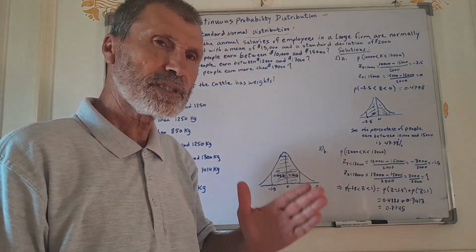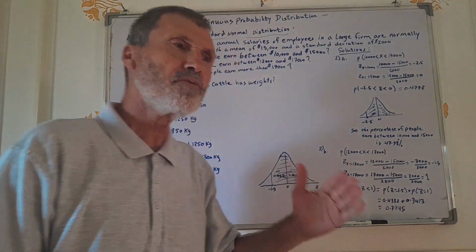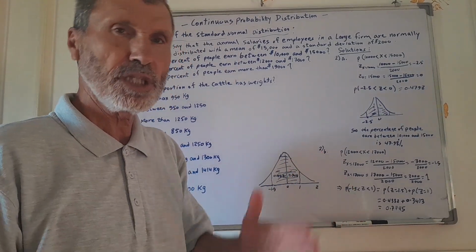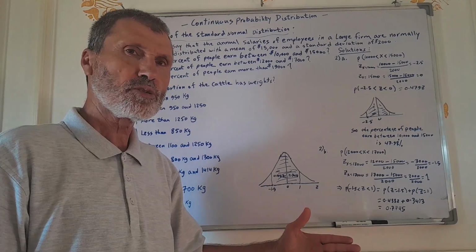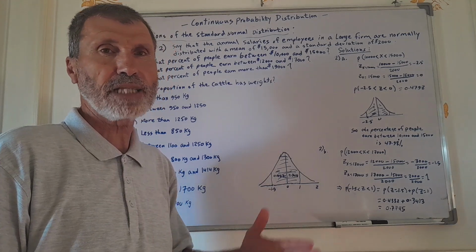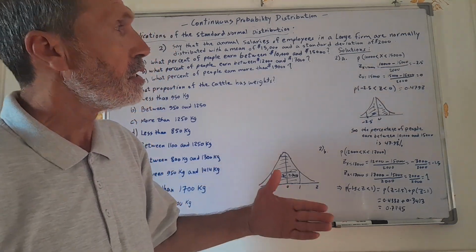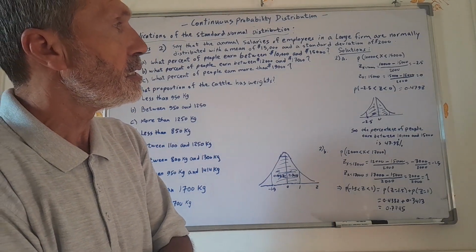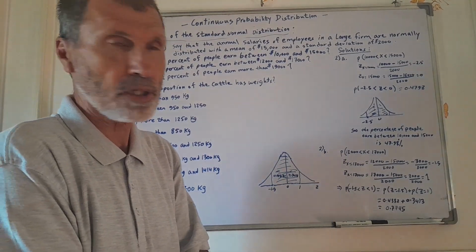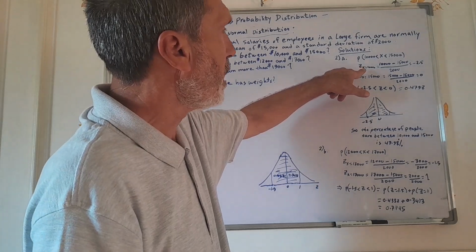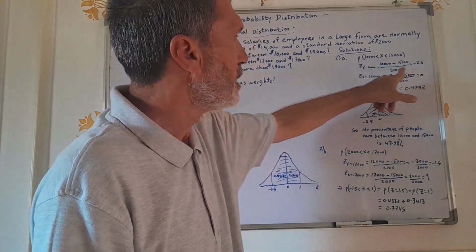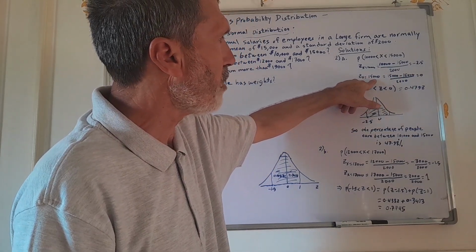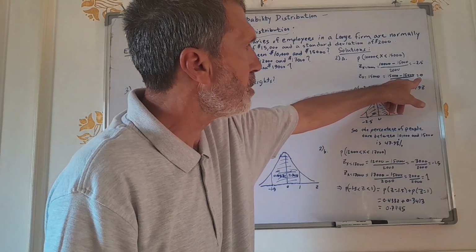The first step is to convert x into z, because instead of working with the normal distribution, we work with the standard normal. So we find the z score. When x equals 10,000, z is minus 2.5. When x equals 15,000, we plug the numbers and come up with 0.